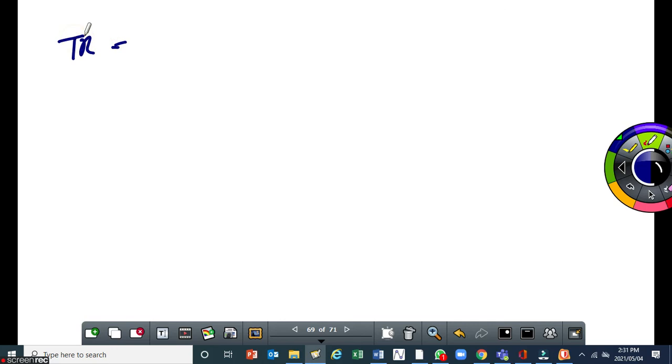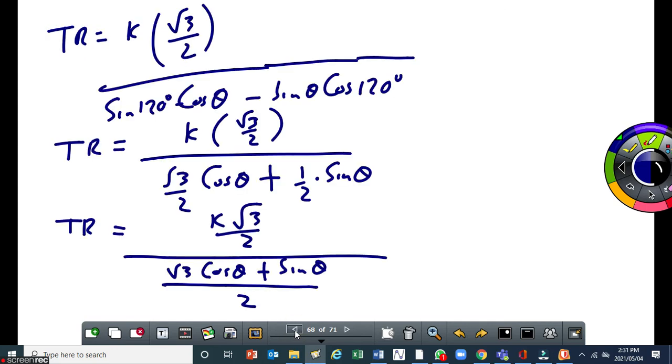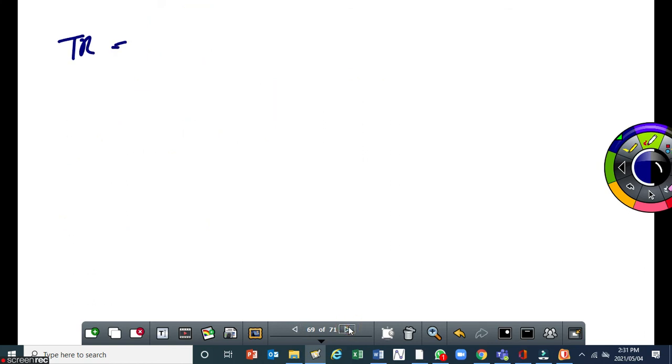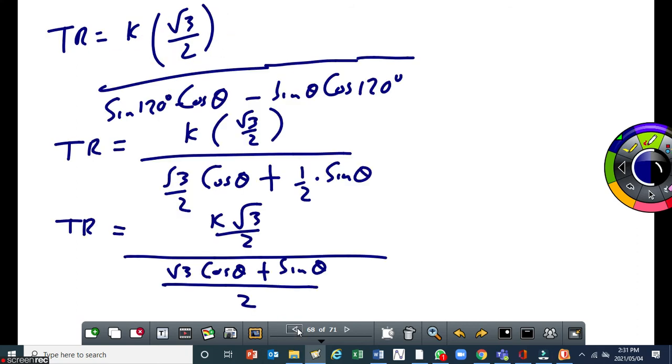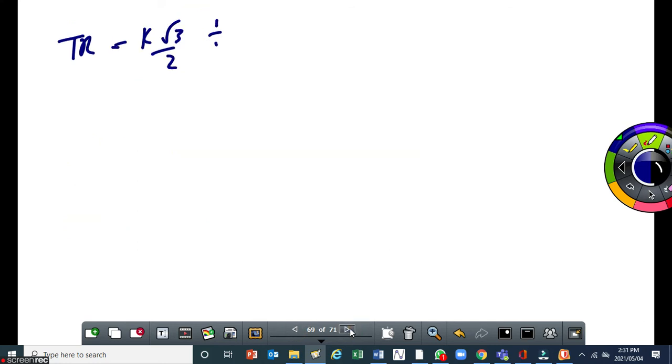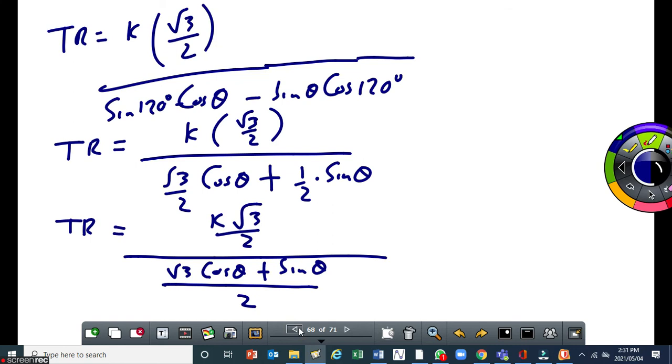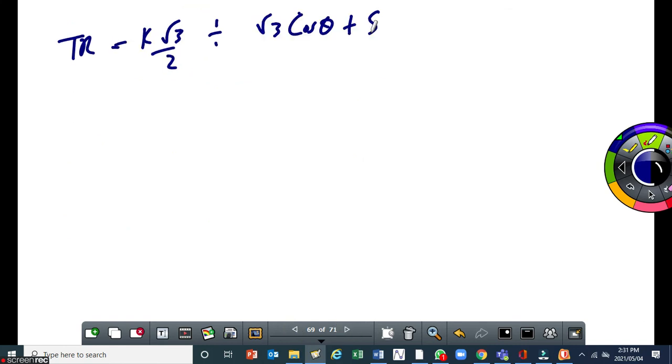Next step, TR is equal to K times square root of 3 over 2, divided by that whole denominator, square root of 3 cos theta plus sine theta, all over 2.